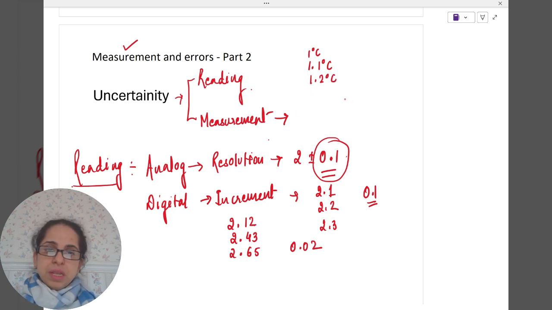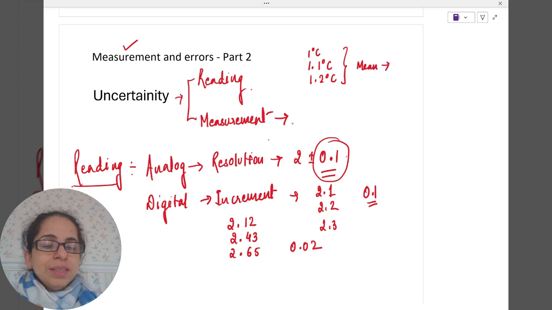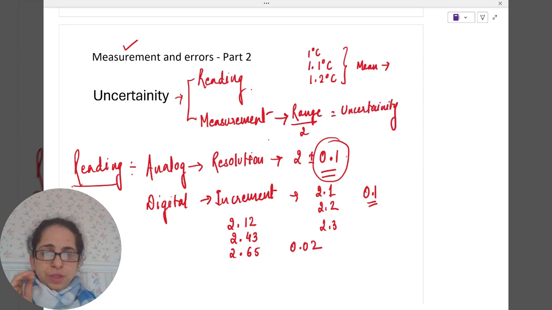Because you've taken 3 readings, the mean would be your temperature. But what's the uncertainty? You calculate the range, and half of the range is the uncertainty. That's it. That's what your exam boards want you to know. So half of the range of the given readings is the uncertainty.